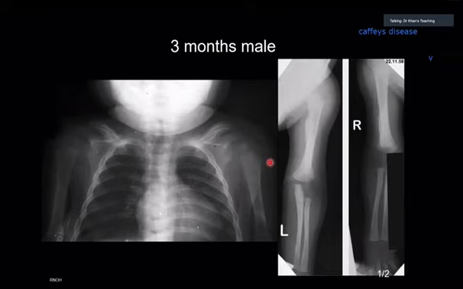And interestingly, what happens in Caffey's disease is that it resolves gradually. There are two types given in literature, and one type actually resolves itself by about 1 year of age, and the second one at times by about 2 years. And at times, there will be some bowing of bones which will persist.